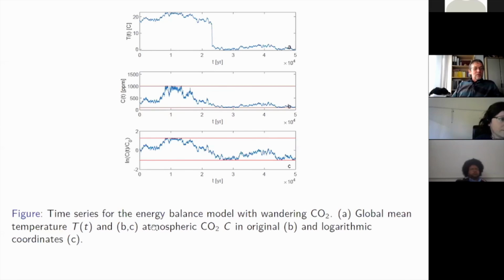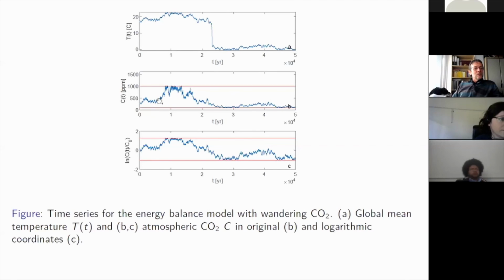So this shows a typical simulation from this model where the CO2 is undergoing a random walk. Well, the logarithm of the CO2 is undergoing a random walk with two reflecting boundaries, and I think it's going between 50 and 1,000 parts per million.